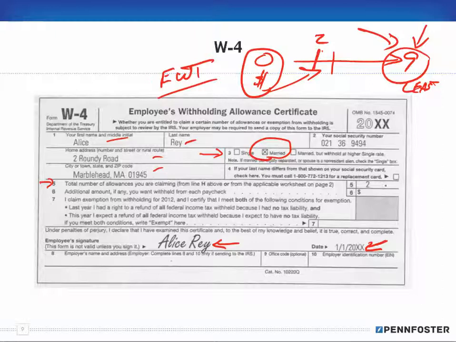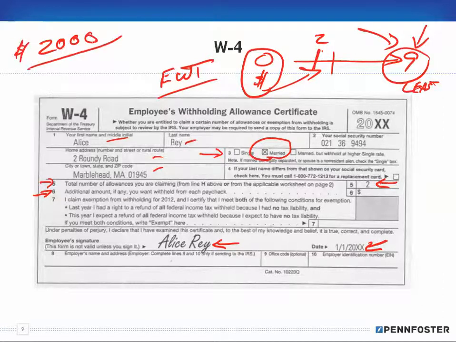And so you're claiming two withholdings. Now line 6 here, you can have an additional amount taken out of your paycheck, right? Some people, you might have an event. Let's say, for example, you know that you contract to write books for a company, and let's say that company is going to pay you an additional, say, $2,000, right?